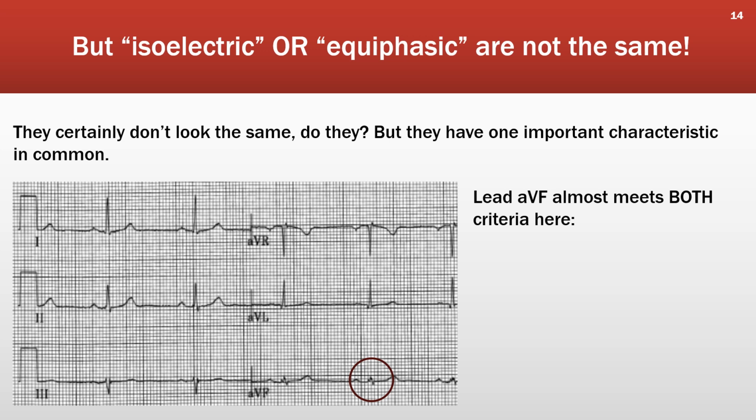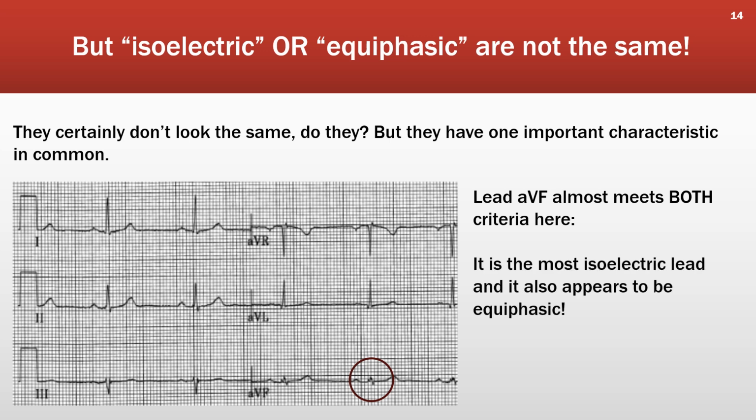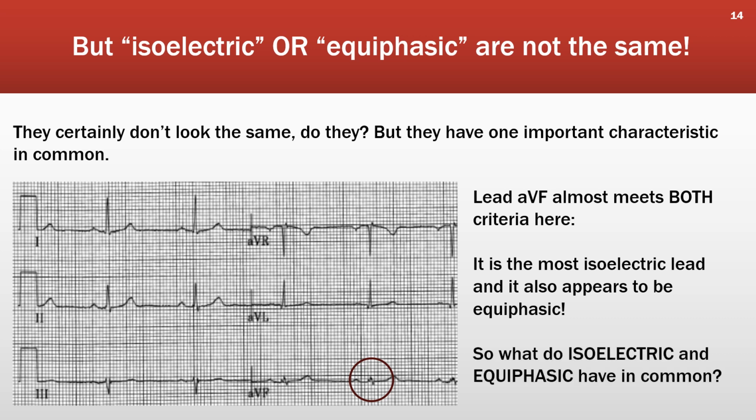It's not really isoelectric, but we can let the definition slide a little bit and say, okay, this is the most isoelectric of all the leads. And it looks like it could be equiphasic, as much deflection on top of the baseline as below it. So it's the most isoelectric appearing lead on this ECG and also appears to be equiphasic.